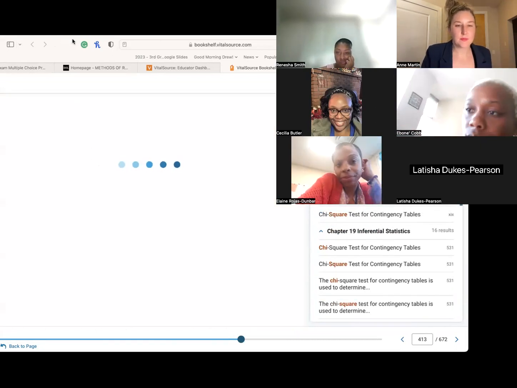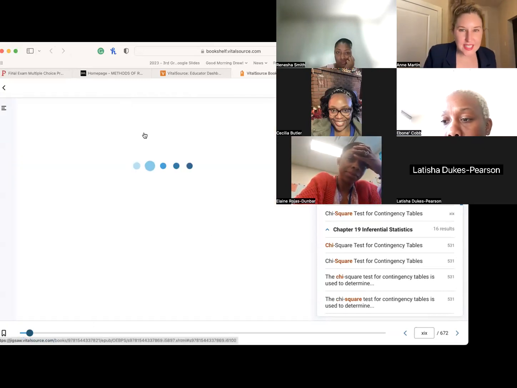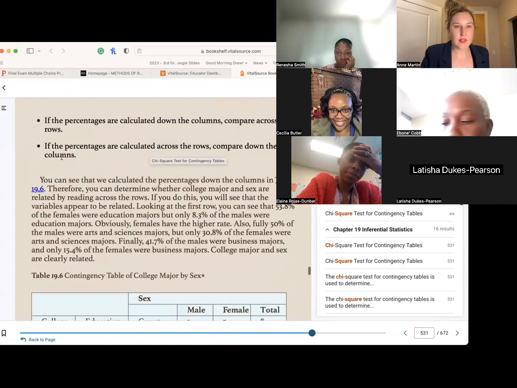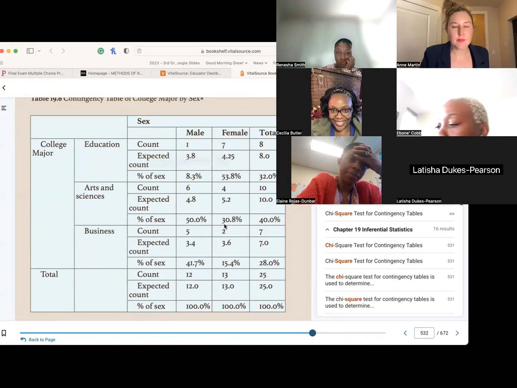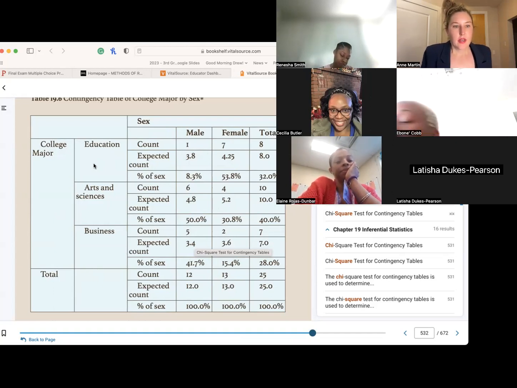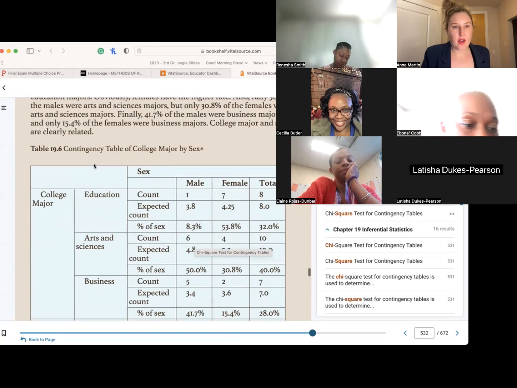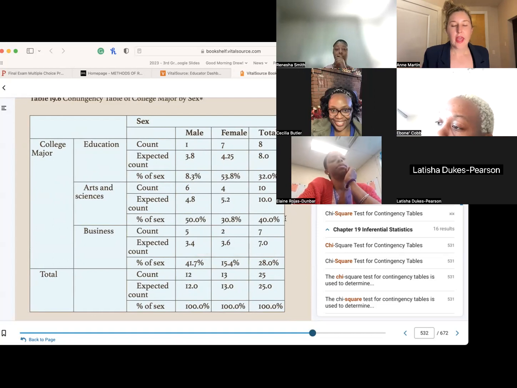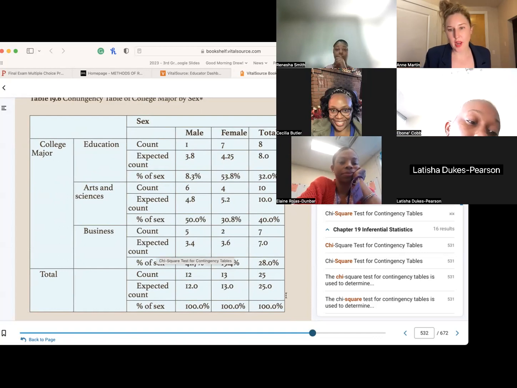So they have this example here, related to that same data. Oh, okay, so this is college major by sex, and they have this table, and then they find out if there is a statistical relationship based on the model that they created for the table.